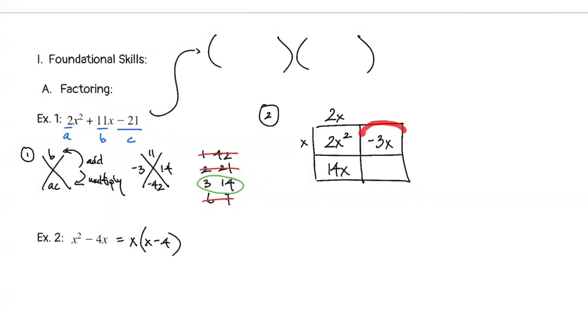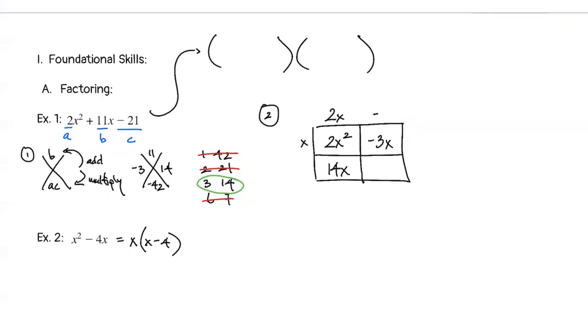So let's look at this rectangle over here. The area of this rectangle is -3x. Now, I know that area isn't negative, but let's just go with this negative piece for a little bit. Do I know how long this side of the rectangle is? X. Yeah, that's going to be X, right? Because it's the same as this one. Okay, if this is X, how long does this have to be to give me an area of -3x? -3.